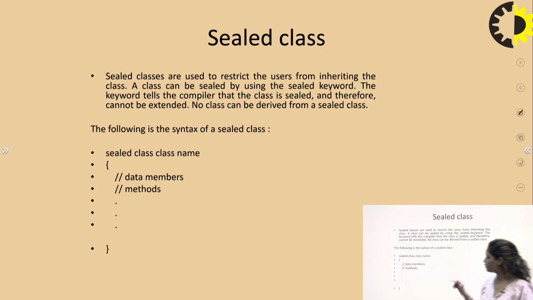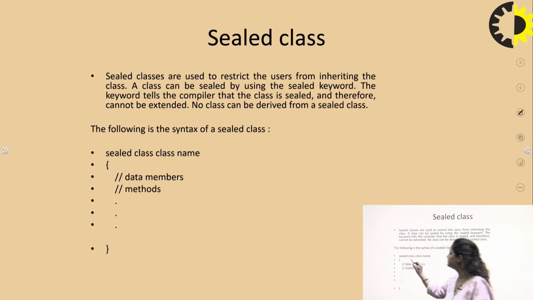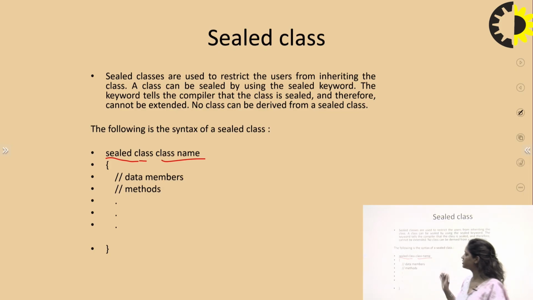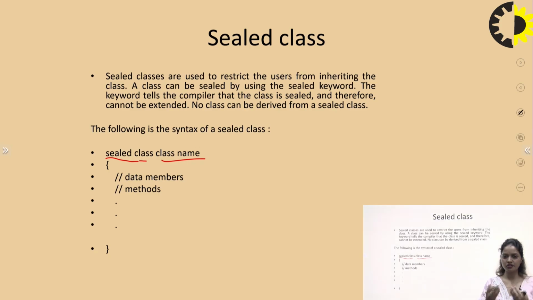As we see here how it can be written, we have a keyword sealed in front of a class keyword, and then we have a class name which we want to seal. What this sealed class will do, it will give permission to other classes for its extension. So this class will be permitting its selected child classes to extend it.